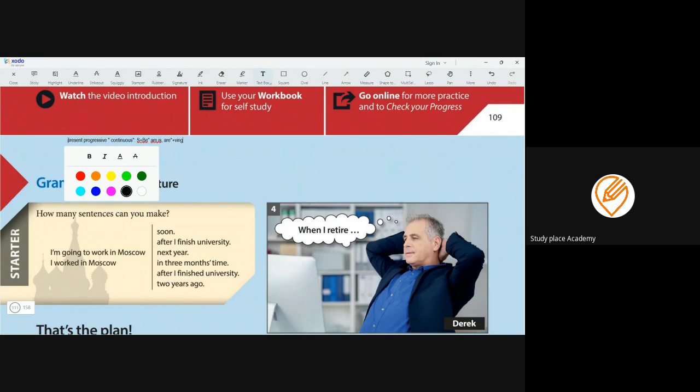So using will is just with spontaneous decisions, or when you just make it right now. So it's not for appointments. When we are talking about appointments, I'm seeing my friend at the weekend. So we are agreed to see each other.